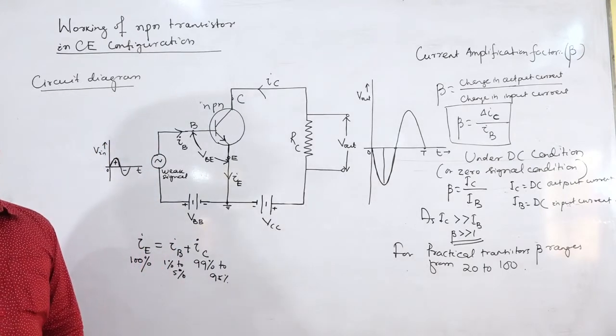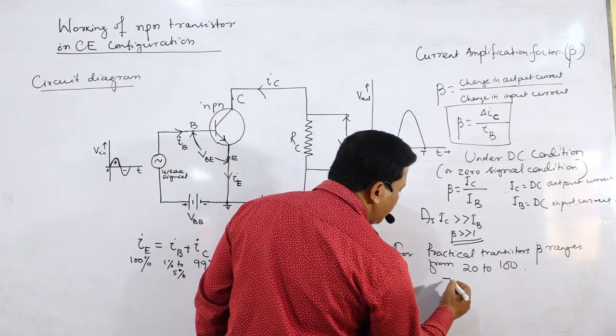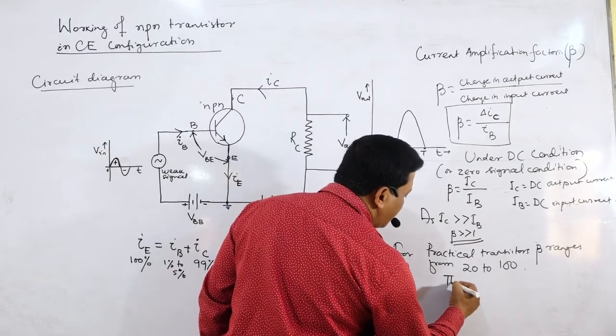So there is very high current gain. Thus, in CE configuration, there is high current gain.